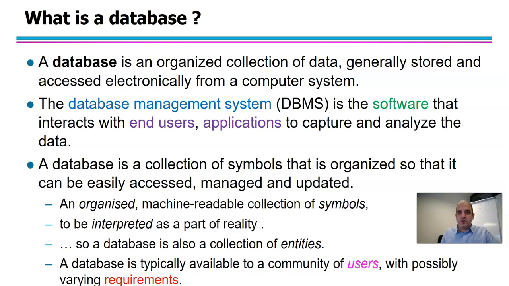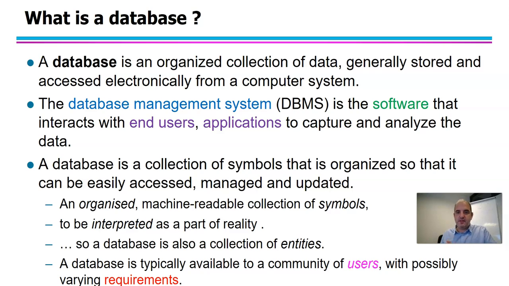We use the term symbol because when we go into deeper part of databases, we will talk about data types. We have text, we have numbers, we have dates, etc. There are different details. So up to this point, we call it symbols.